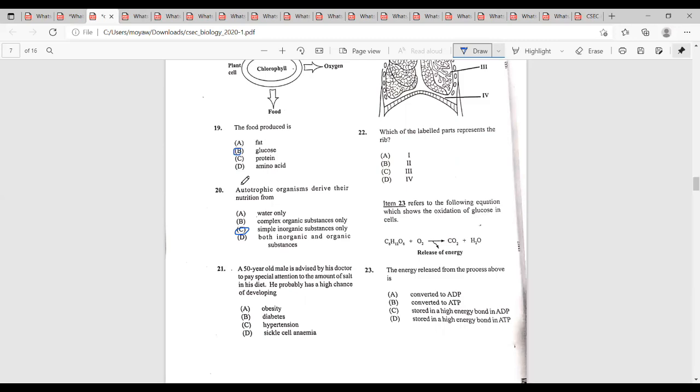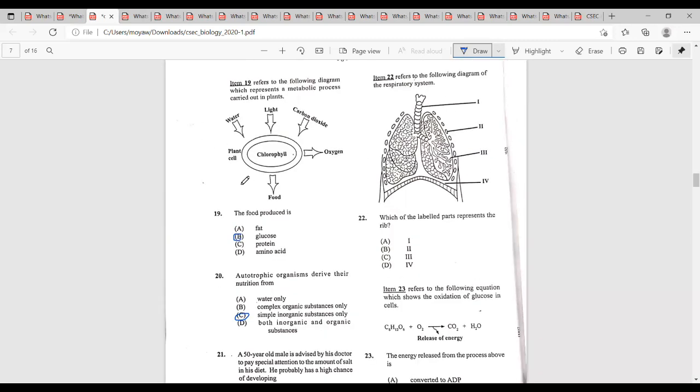Because if you think about autotrophic nutrition, autotrophs are usually plants, organisms that make their own food. And the substances that they use to make their own food are carbon dioxide, which are simple inorganic substances.